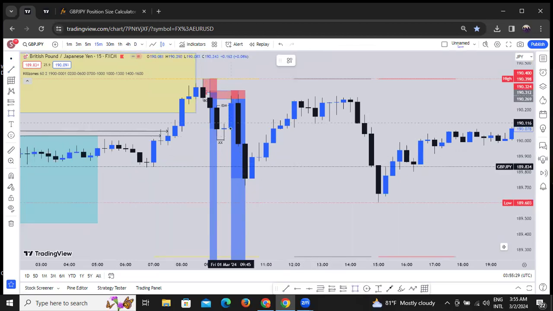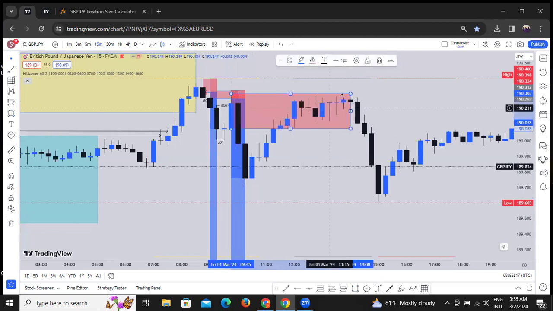So I marked it out. We are taking the market from here, but I just have to take it in this zone. Market really played around here, but as my rule in market entry, I have to consider this zone.